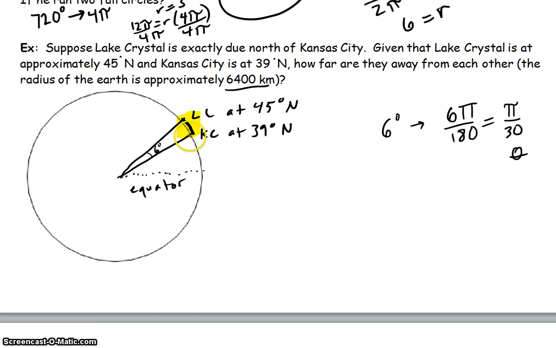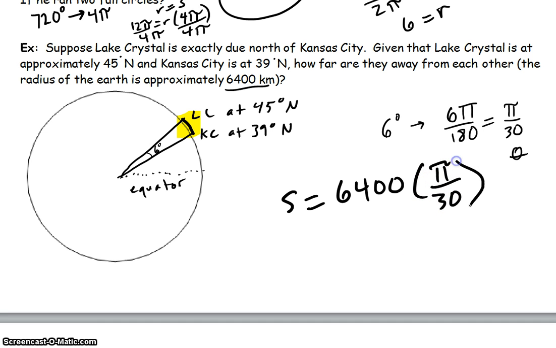Well, there's a 6-degree difference, so that's a 6-degree arc length that we have to find. So S is going to be R, which is 6,400, times our angle in radians, or pi over 30. So if I multiply that, I get what S is equal to. And if you multiply that out, you'll get an approximate answer in kilometers.